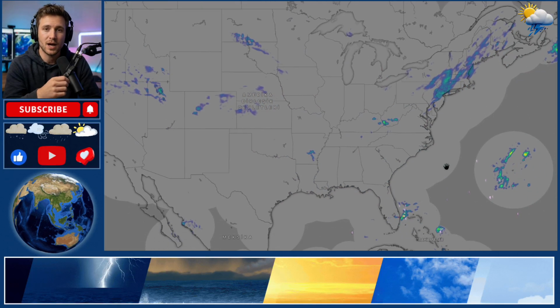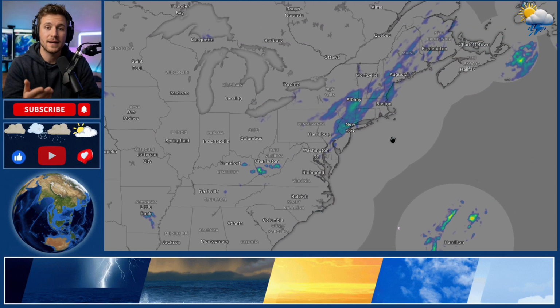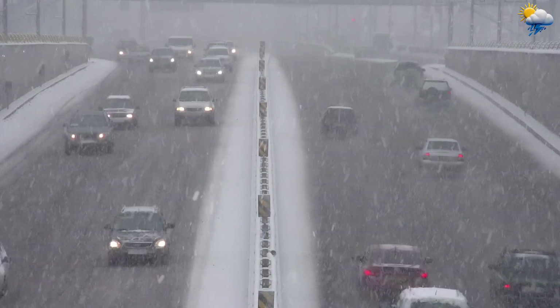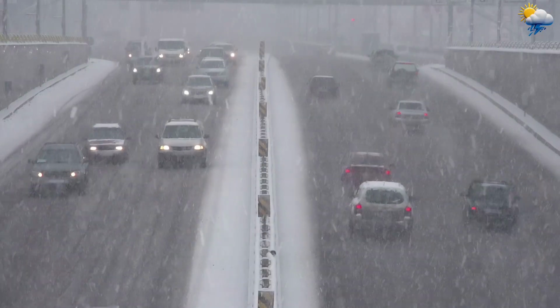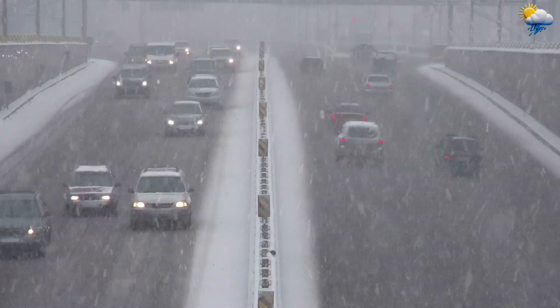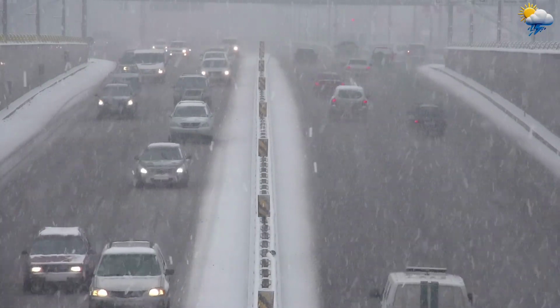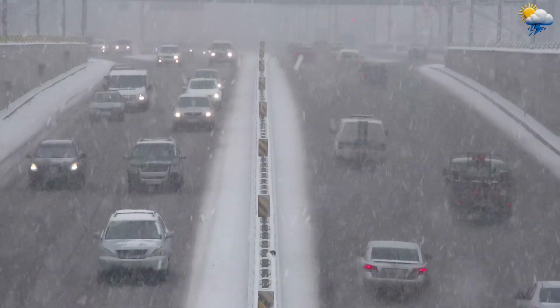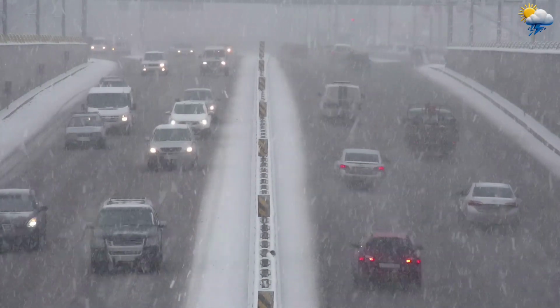As that air is forced upward by the terrain, it cools, and the moisture condenses and falls as snow at higher elevations. This is why mountain passes can be treacherous even when lower valleys are relatively calm. Snow totals increase with elevation. If you're at 5,000 feet, you might see a few inches. If you're at 8 or 10,000 feet, you could see a foot or more.